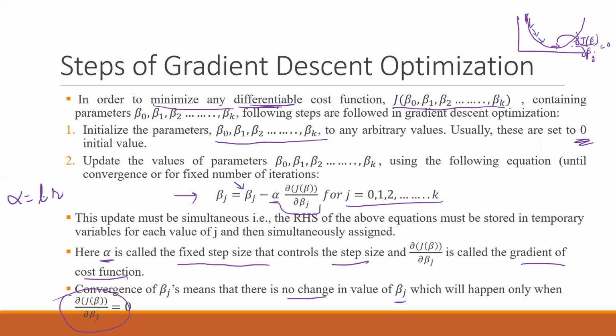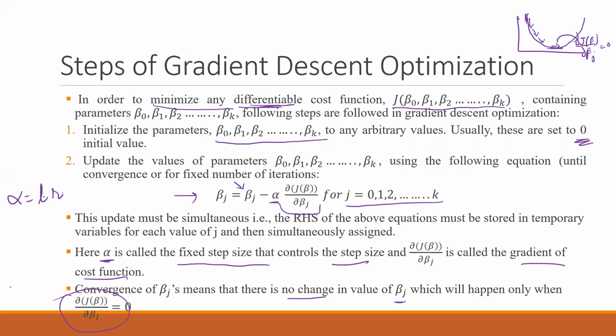So that is what is written, that we have to converge at some point where the slope is 0. This means that we have converged at the bottom point. These are the basic steps. Initially you give values to all the betas.